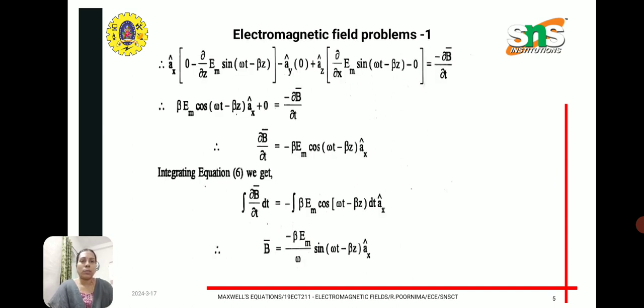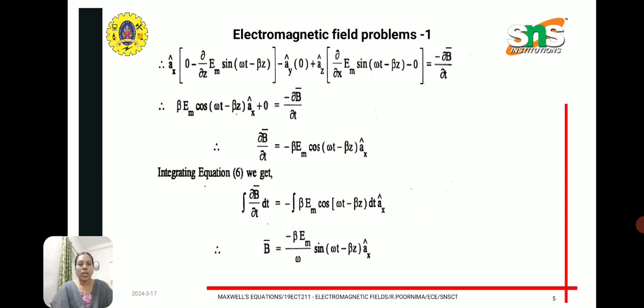Solving the matrix, we get beta Em cos(omega t minus beta z) into Ax cap. Integrating this equation we get B vector equal to minus beta Em divided by omega sin(omega t minus beta z) into Ax cap.